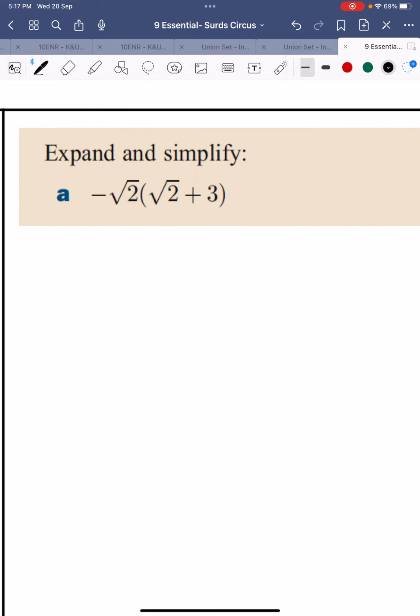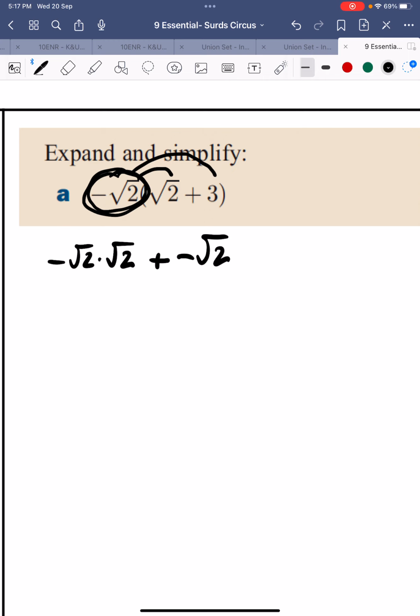Again, I'll just go straight to the negative root 2 times the first thing in the bracket, then negative root 2 times the second thing in the bracket. So negative root 2 times the first thing in the bracket, plus negative root 2 times the second thing in the bracket. I'll put a little 3 there. Okay, so we've got root 2 times root 2, which is 2, but there's a negative behind it.